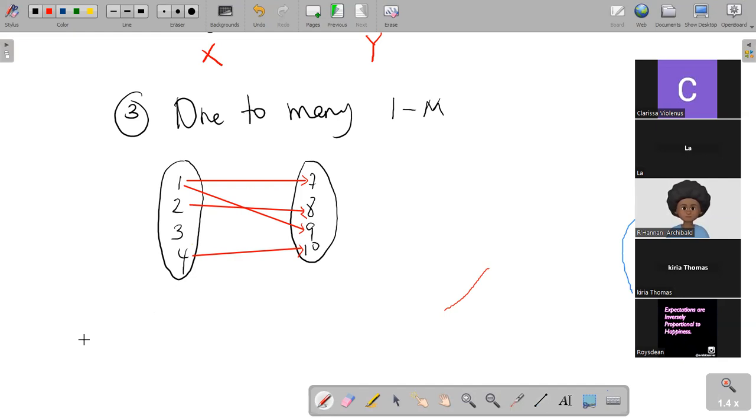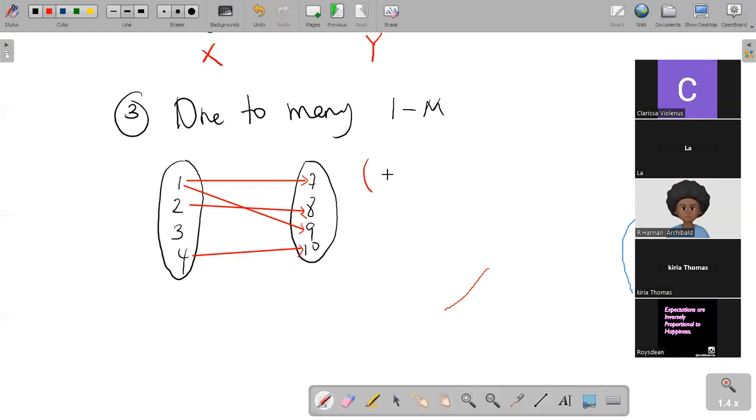Look at it. You don't pay attention to the one that's going directly. You look at the one that's not going directly. Which one is the one that's going to many? 1. 1 is going both to 7, and 1 is also going to what? 9. So let's write the ordered pairs.